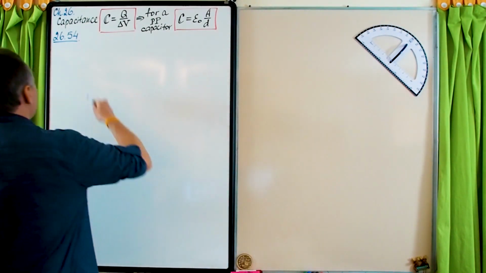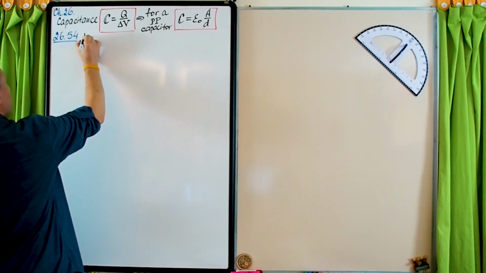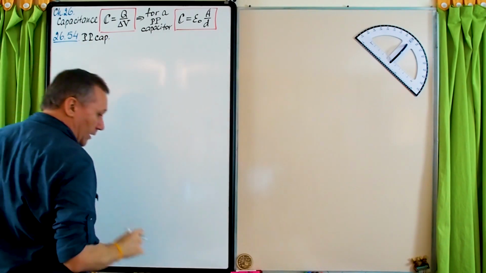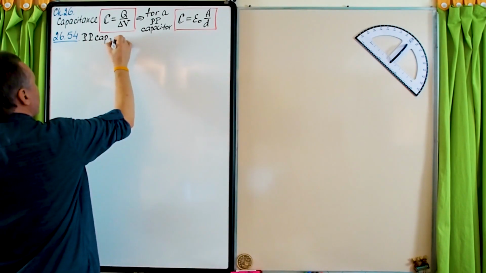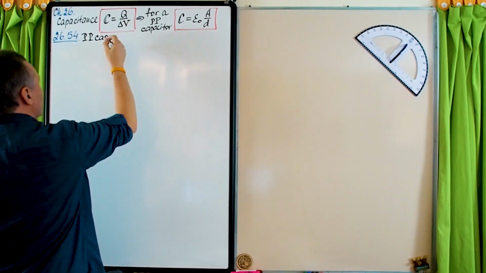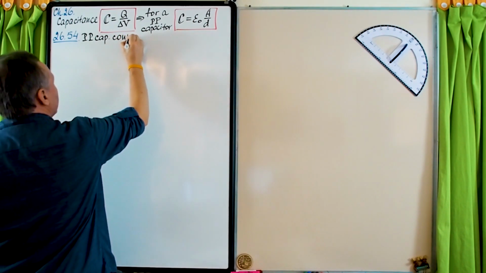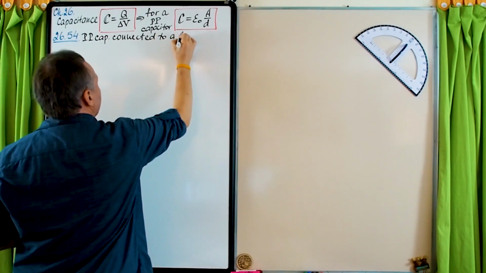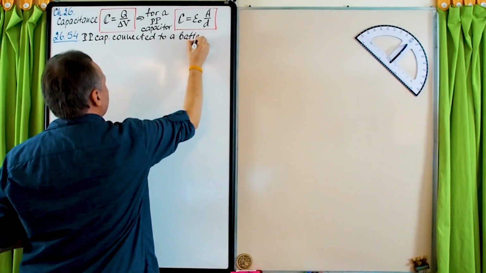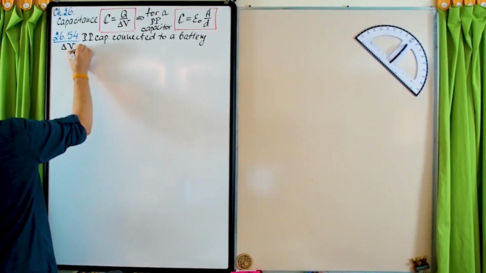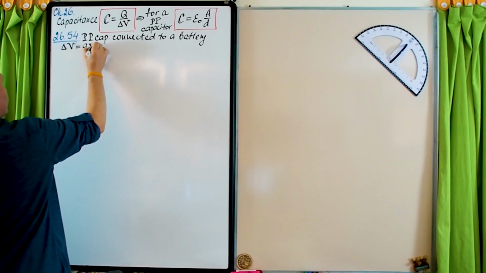So we have a parallel plate capacitor connected to a battery. The potential difference of the battery is 9 volts.